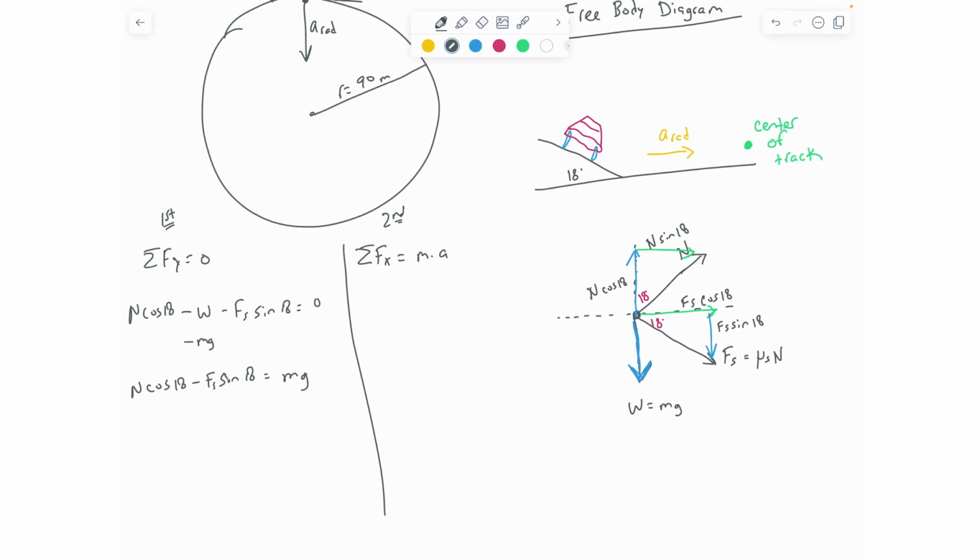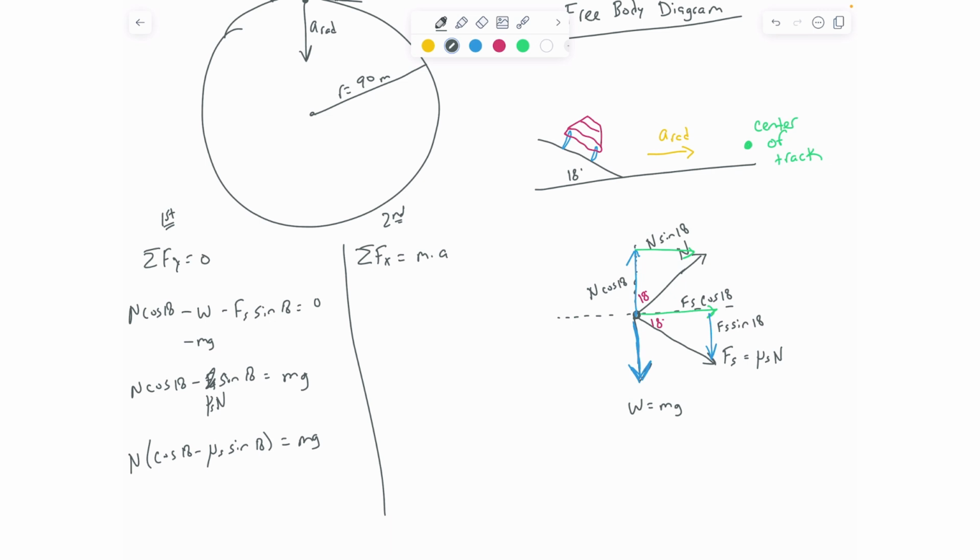Like that. Oh yeah, and then Fs right here. Fs can become the static coefficient of friction times the normal force, right? Then you can get rid of the F, and then you can pull out n. You can pull out the n and go n cosine 18 minus mu s sine 18 equals mg, right?